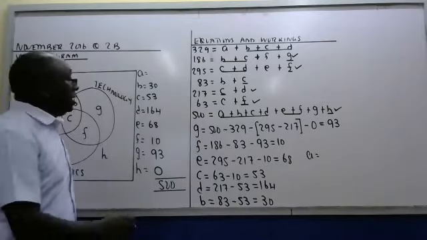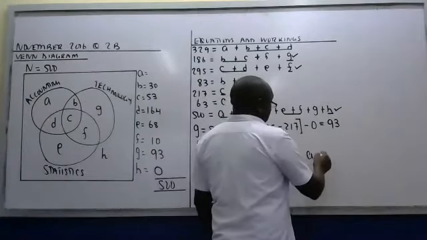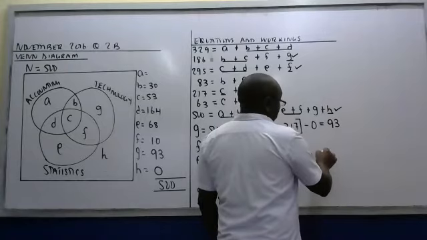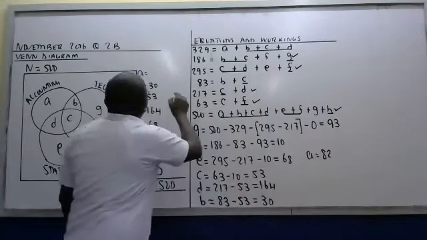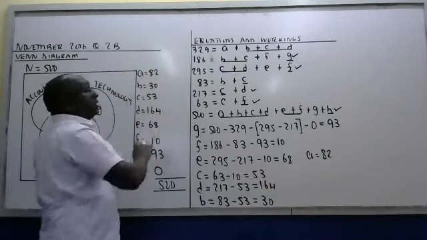You have found the value of A to be 82. And when you add them, are they going back to 500?